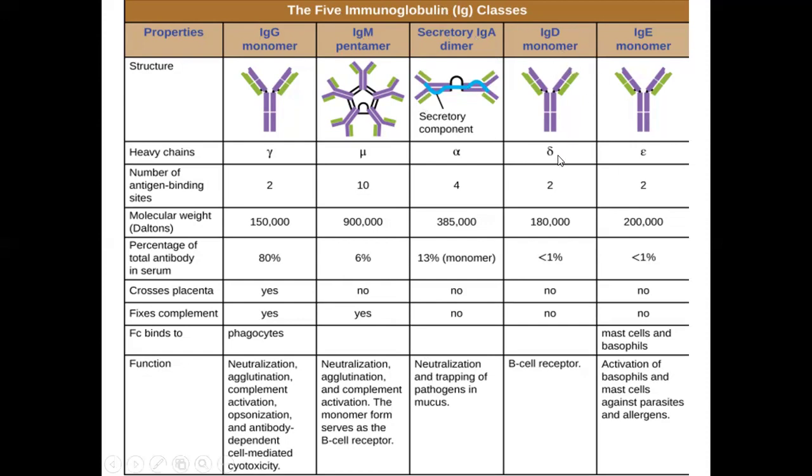Immunoglobulin D is a BCR receptor. So they are present on the surface of B cells, and their function is to catch antigen and make its presentation.